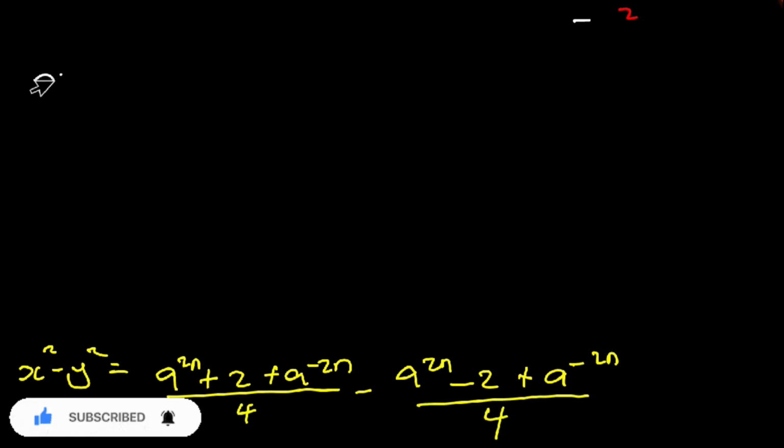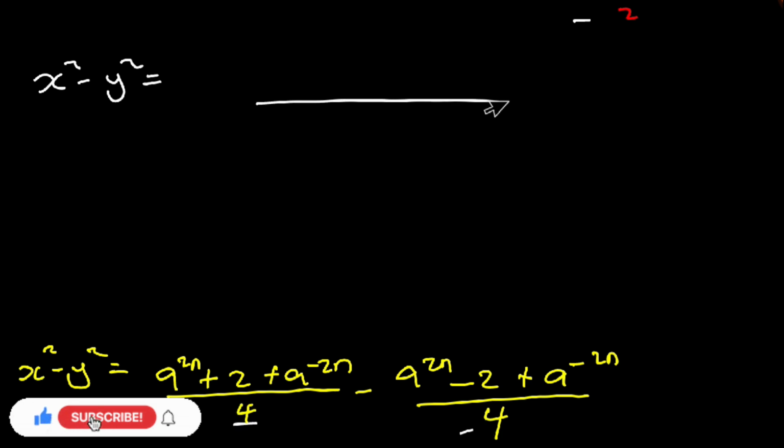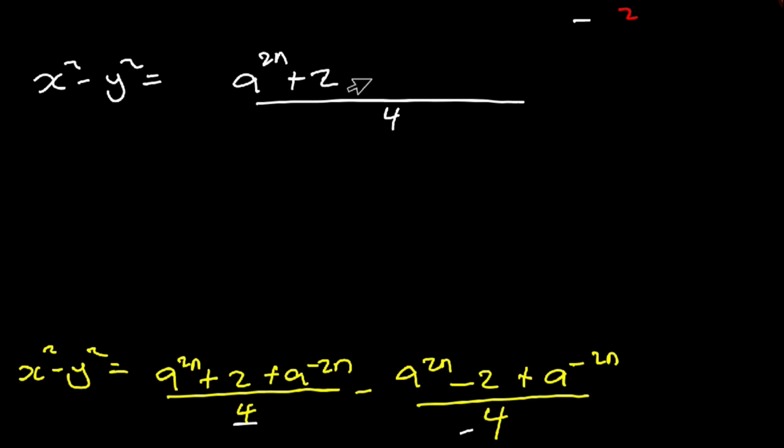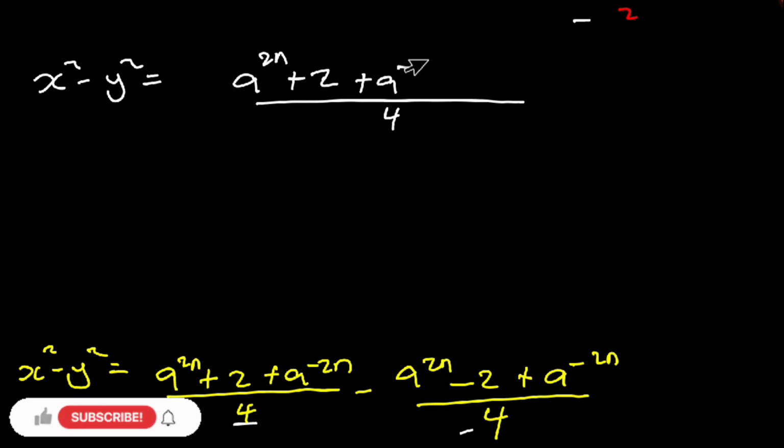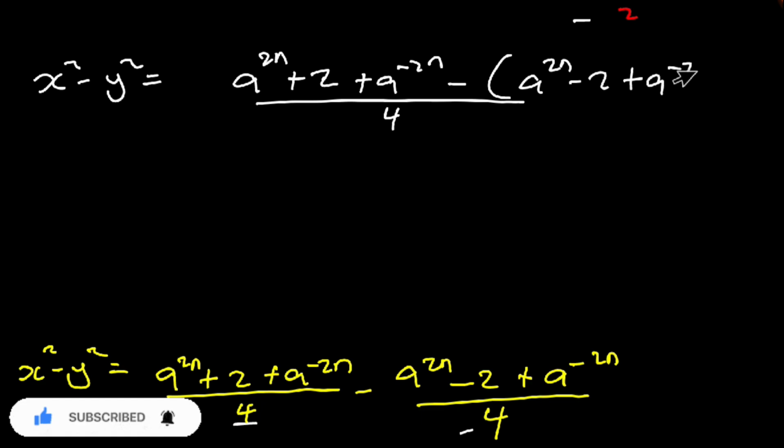So this is x square minus y square then equal to, and the sum of this 4 and 4 is equal to 4. So we now have 4 divided by 4 is 1. 1 times this is a raised power 2n plus 2 plus a raised power negative 2n then minus, we're going to open brackets, 4 divided by 4 is 1. 1 times this is a raised power 2n minus 2 plus a raised power negative 2n.